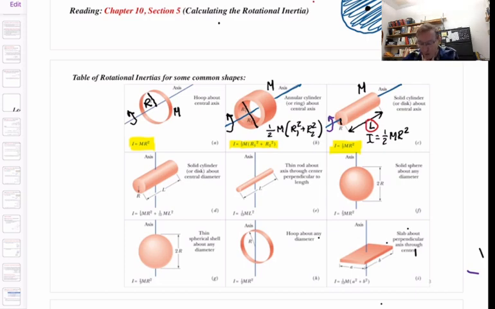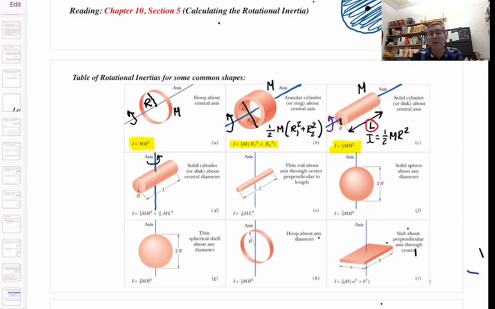Next entry, row 2. Take that exact same kind of cylinder or disk, but instead of rotating it about an axis along its central line, take the axis through its center but perpendicular to its central line. So now the axis is drawn going up and down this way, and it's rotating that way.